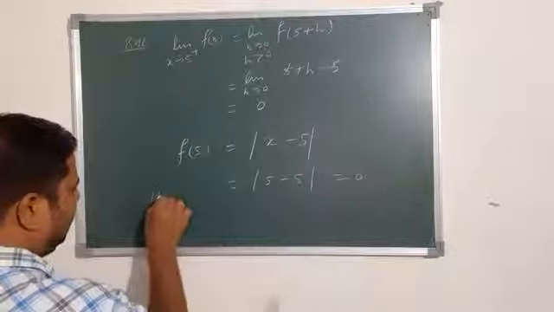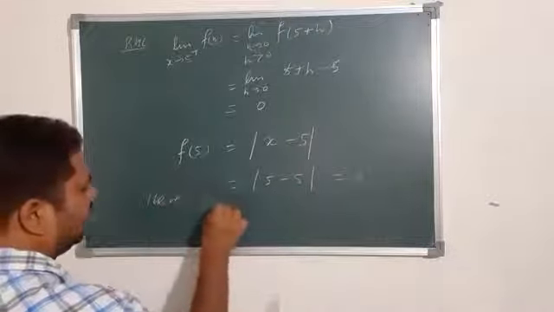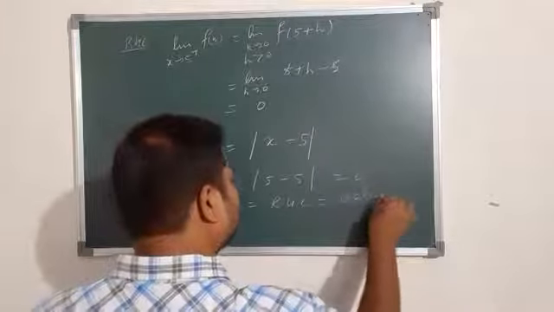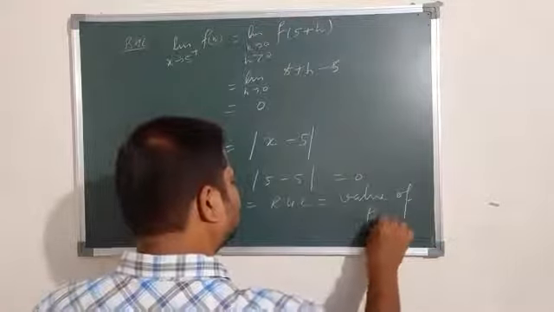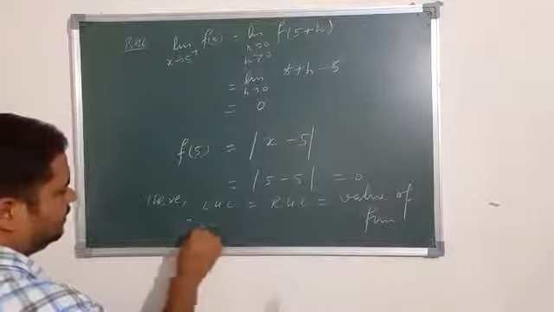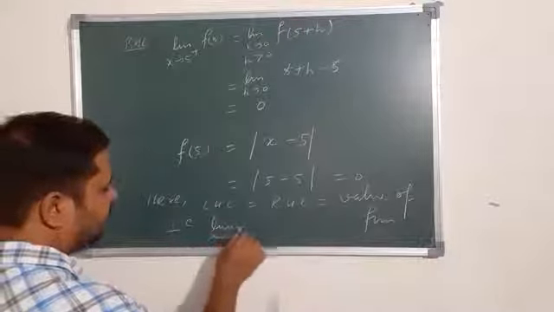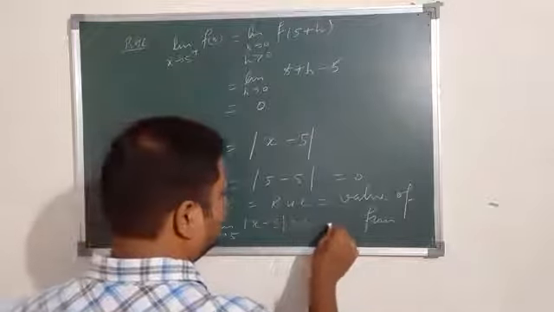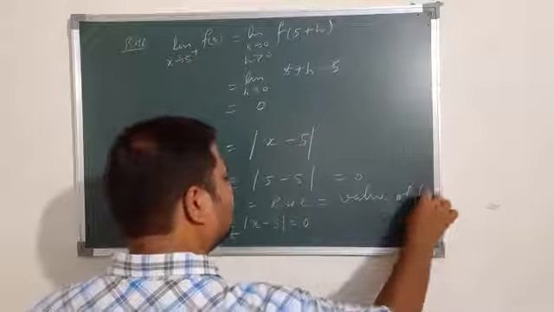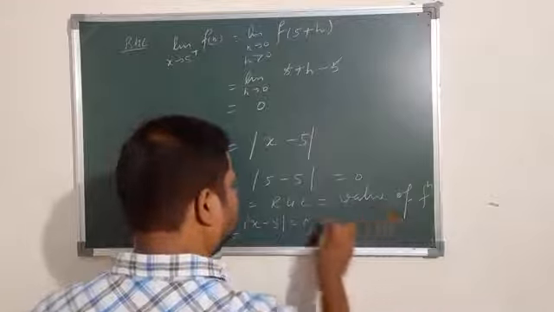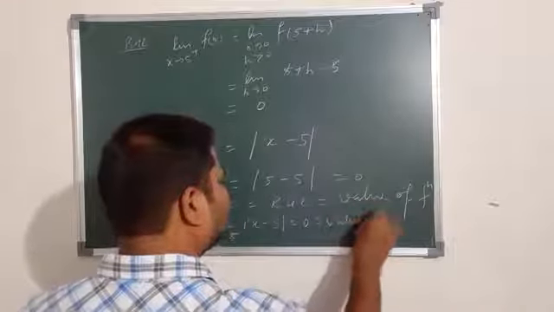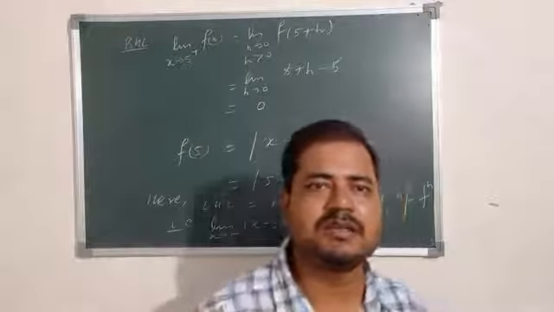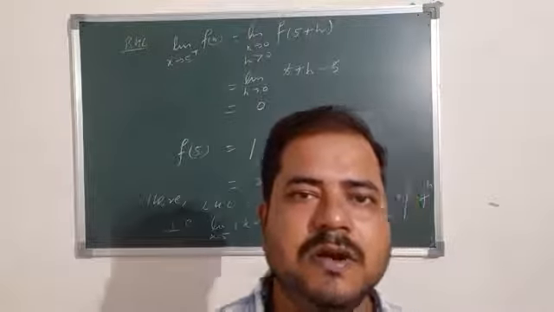So here we see LHL is equal to RHL is equal to the value of the function, that is, limit x tends to 5 of mod of x minus 5 is equal to 0, and this is equal to the value of the function. Hence we can say the given function is continuous. Okay?